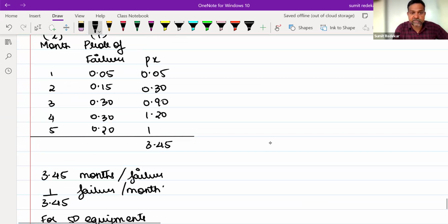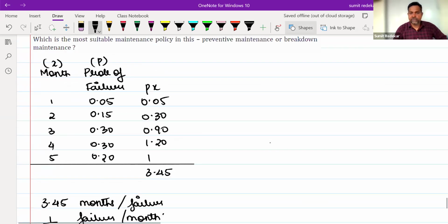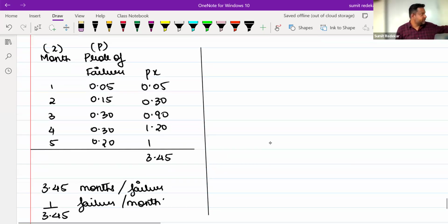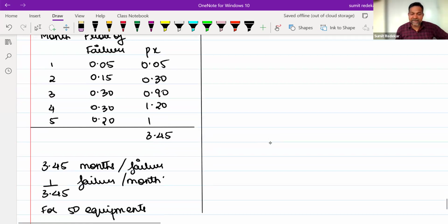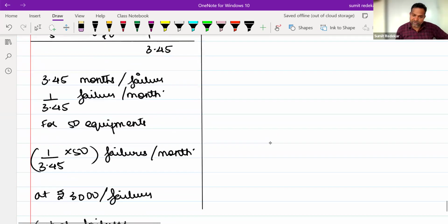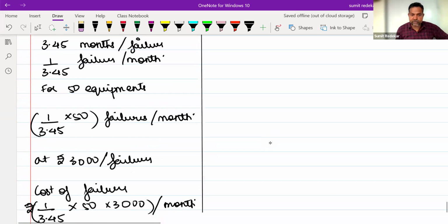As opposed to, there is another option. And the other option is, don't just keep doing a breakdown maintenance. Do breakdown maintenance up till a certain point and then stop and do a little bit of preventive and then continue.